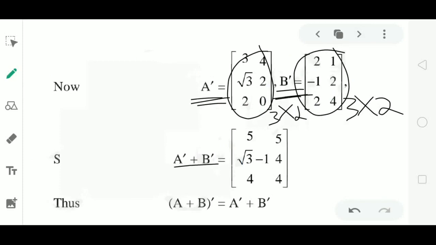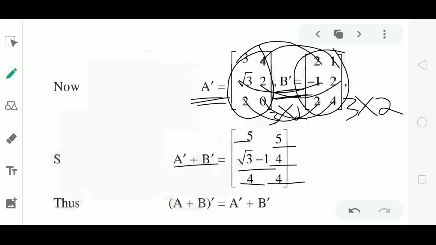A dash plus B dash is equal to the sum of two matrices A dash and B dash, whose elements are obtained by adding the corresponding elements of A dash and B dash. 3 plus 2 is 5, 4 plus 1 is 5, root 3 plus minus 1 is root 3 minus 1, 2 plus 2 is 4, 2 plus 2 is 4, 0 plus 4 is 4. This is the matrix A dash plus B dash.